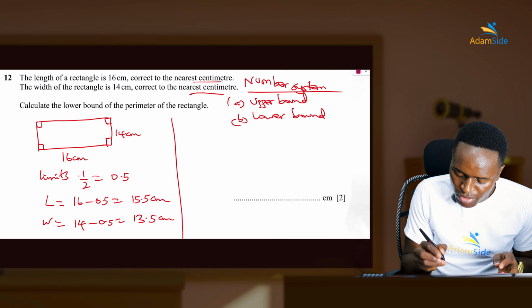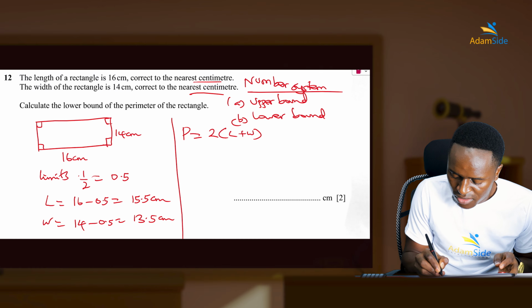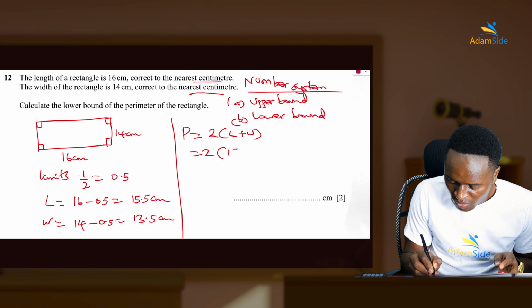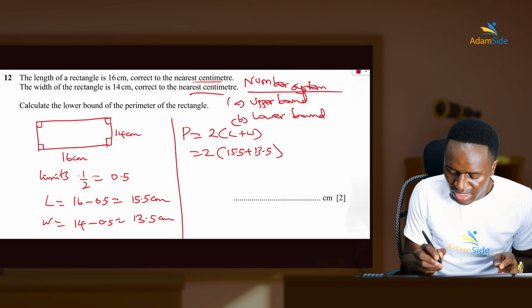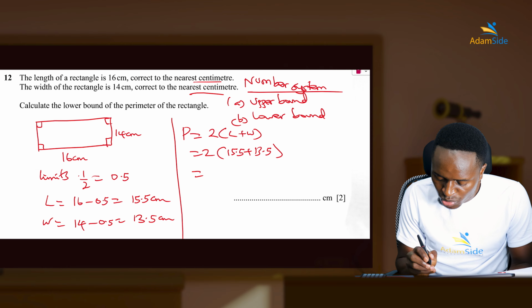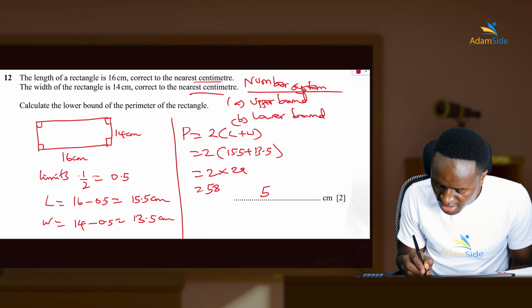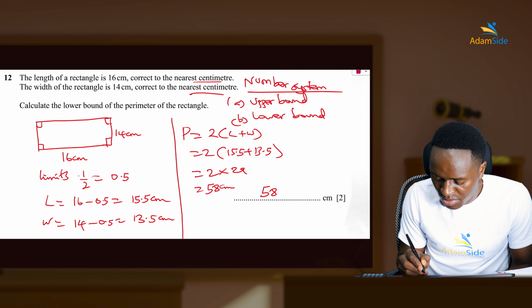The perimeter of a rectangle is 2 into length plus width. So 2 into 15.5 plus 13.5. We get 29. So 2 times 29 is 58 centimeter.